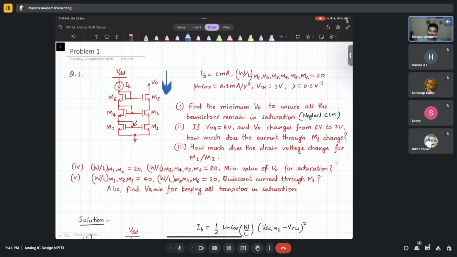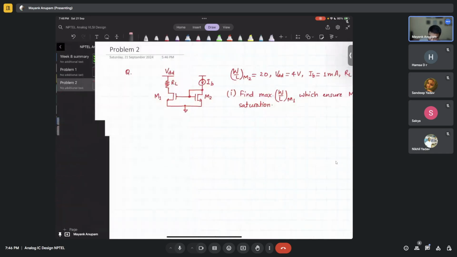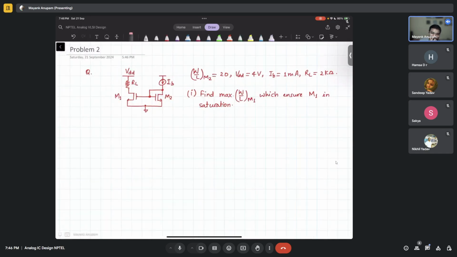Because I was always looking at this figure only, I never understood how there is current flowing when this node is just open. That is why this question was designed, so that you do not face that kind of confusion. It is a very silly confusion, but still some people have it.